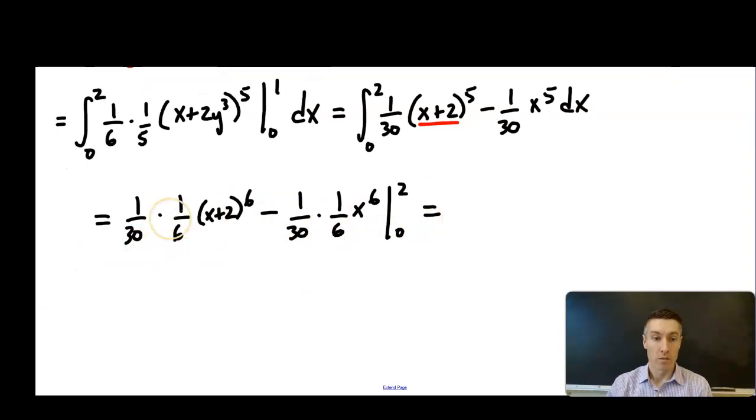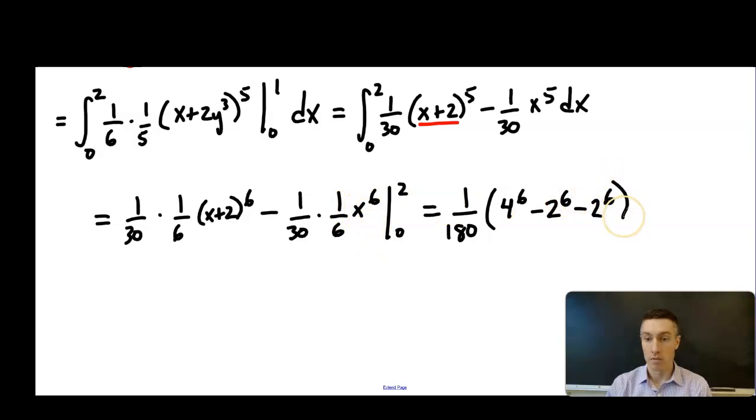So what do we get? Let's factor out a 1 over 180. And then if we plug in 2, we get 4 to the sixth minus 2 to the sixth, minus, if we plug in 0, we would also get 2 to the sixth. And then plug in 0, we'd get 0. So this is going to be equal to 1 over 180.